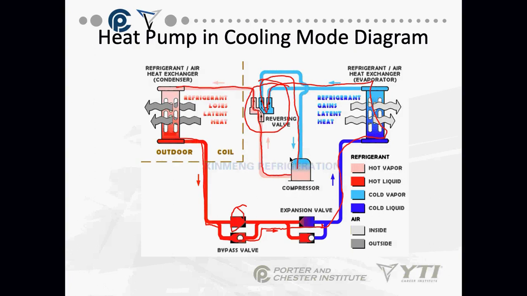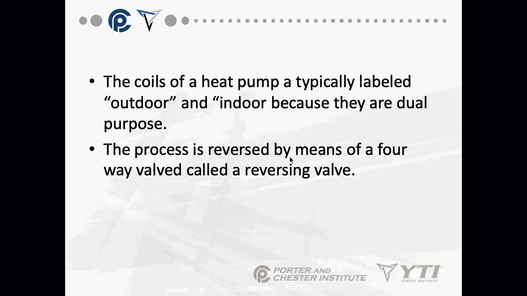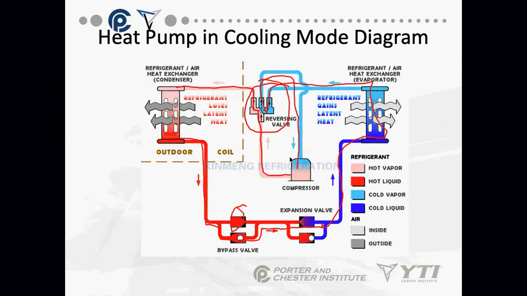We bypass the metering device that is not being used. Okay, we don't shove refrigerant backwards through the metering device. We bypass it. There's a check valve on those metering devices. Now, why is it there if it's not being used? Why not just delete it completely?